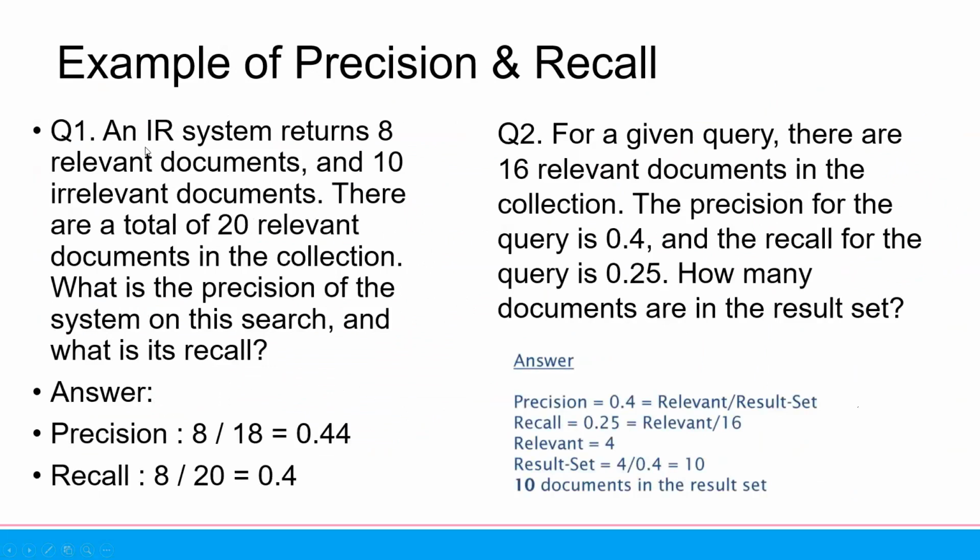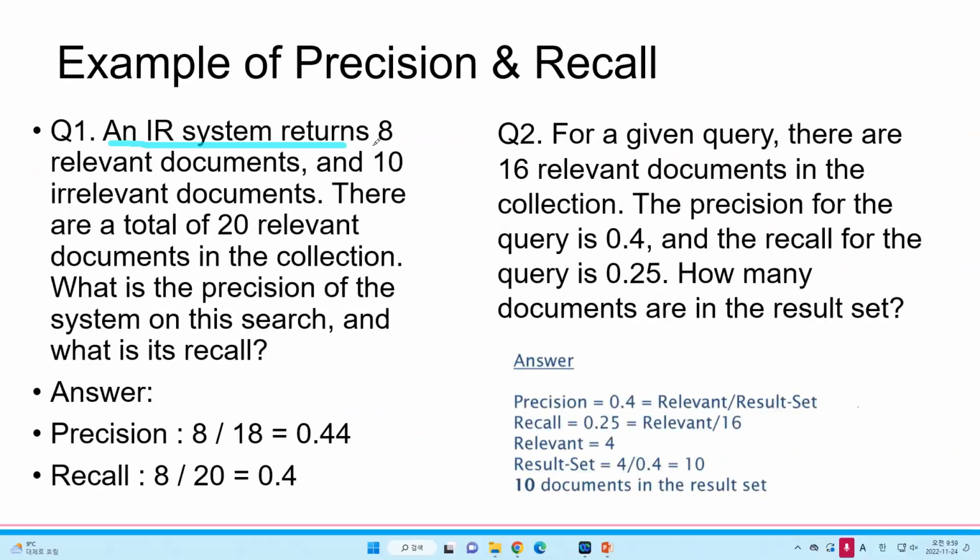So for example, an IR system returns 8 relevant documents. We have 8 relevant documents and 10 irrelevant documents.